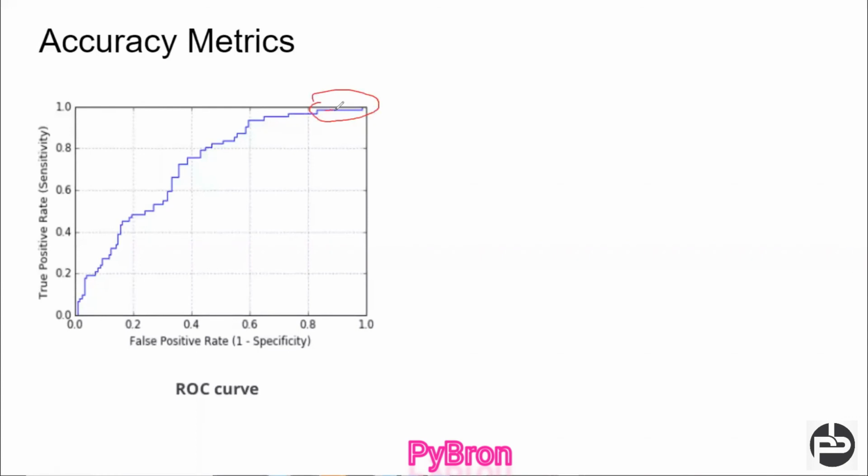This is the point where my true positive rate is maximum, meaning the machine is able to identify correctly. And what is my X value at that point? The false positive rate is 0.9 or something. So I can put the threshold around 0.9. Similarly, whatever the requirement, you can set your threshold. Understood the concept, right? Hope you understood.